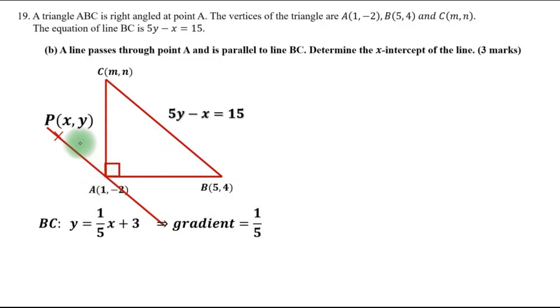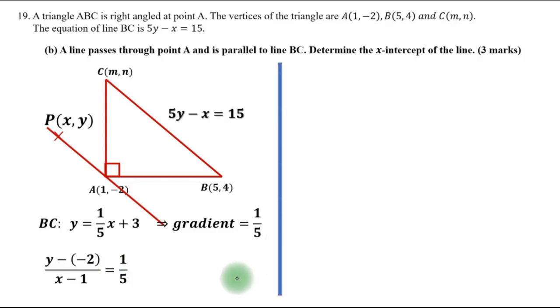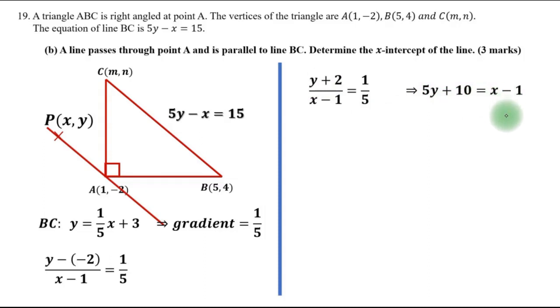Change in y over change in x: y minus 2 all over x minus 1 will be equal to 1 over 5, which is the gradient. We simplify, get y plus 2 over x minus 1 equal to 1 over 5. Cross multiply, get 5y plus 10 equal to x minus 1, which gives x minus 5y equal to 11. So this is the equation of the line passing through A.